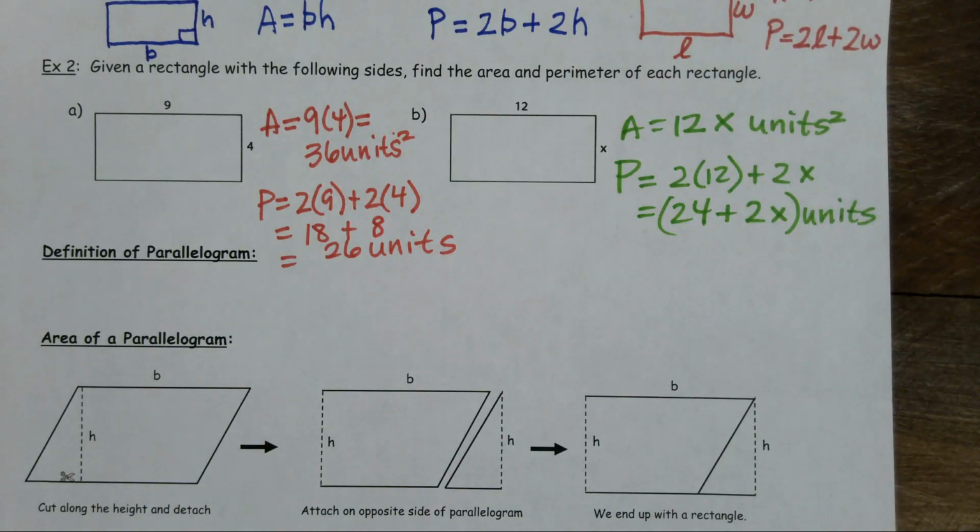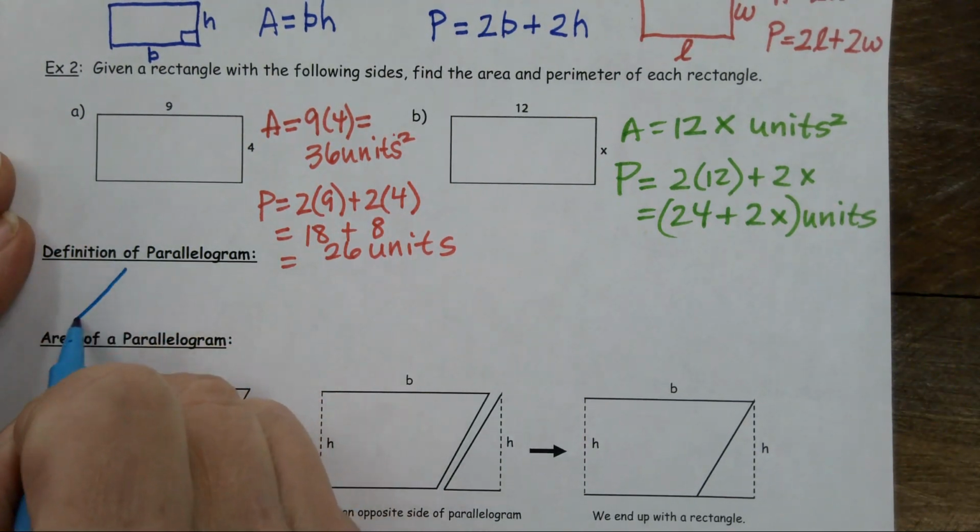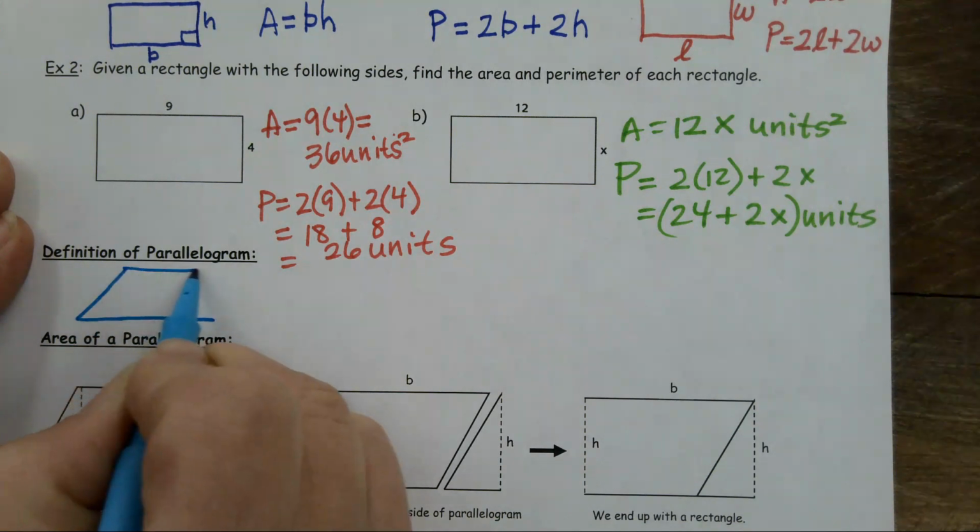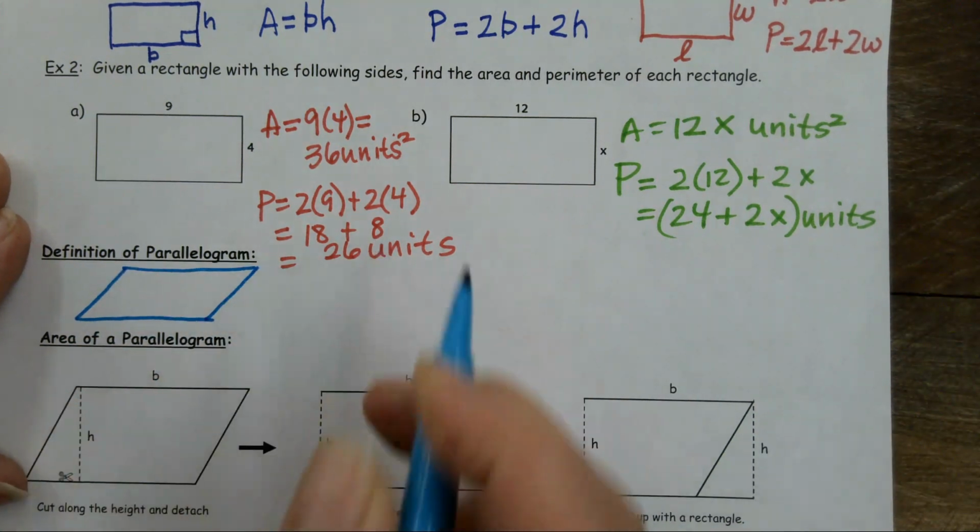All right, up next, parallelogram. Parallelogram is basically a rectangle tipped, okay? So when we look at a parallelogram, it'll look kind of like that.